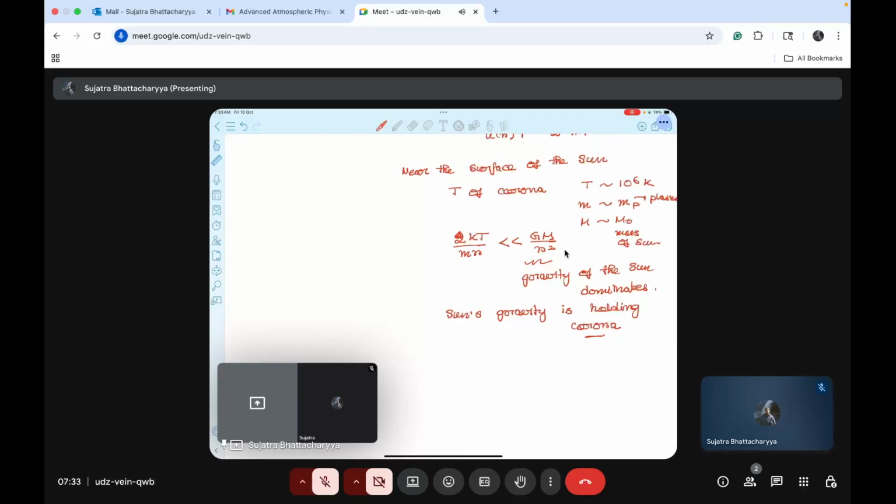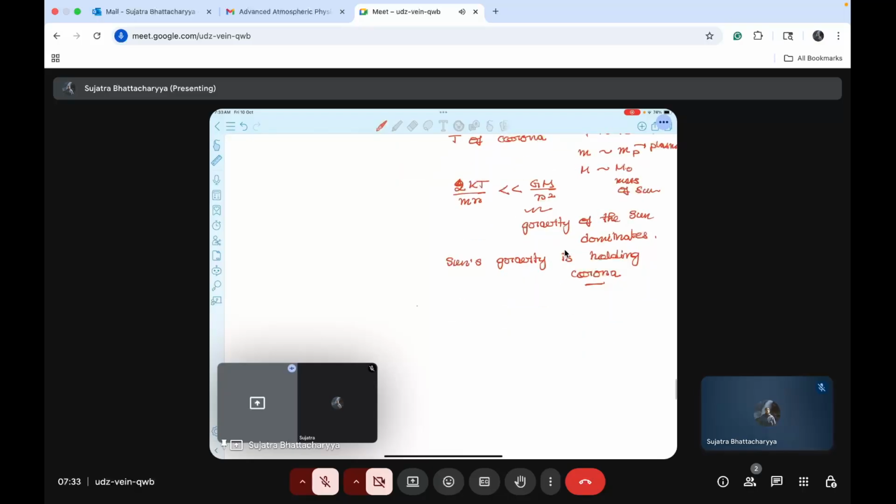Let us now define a critical distance, at which this 2kT by mr becomes equal to GM by r square.